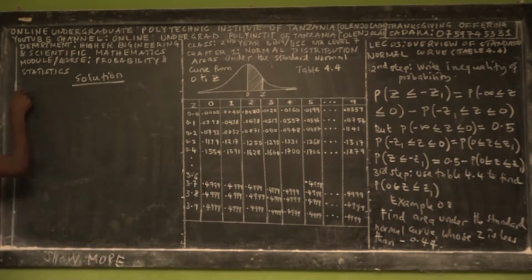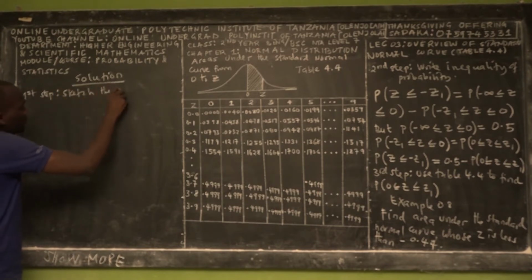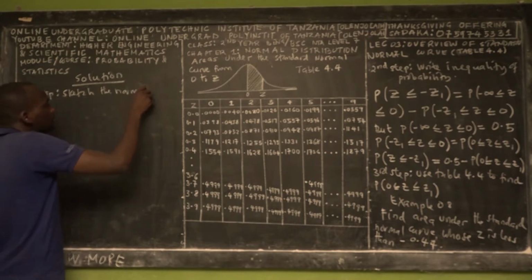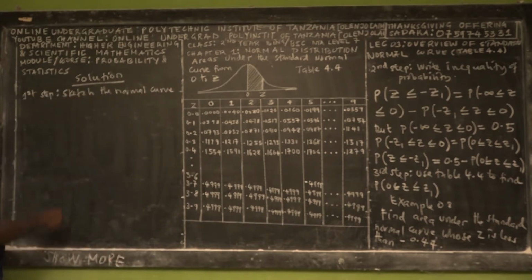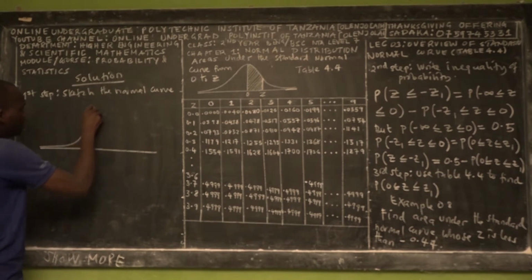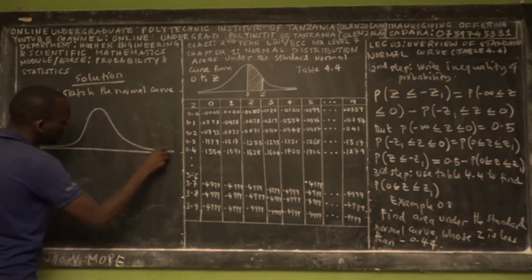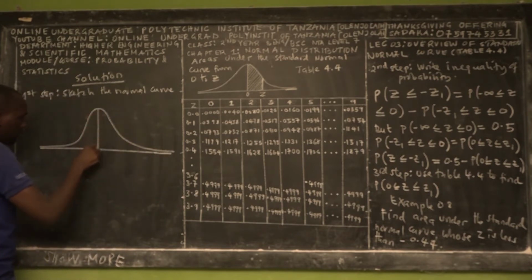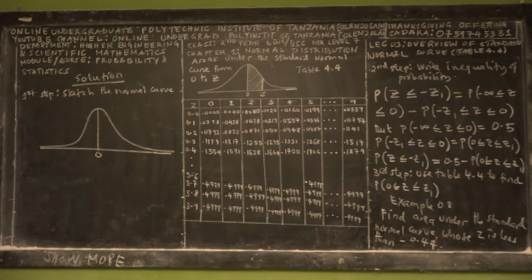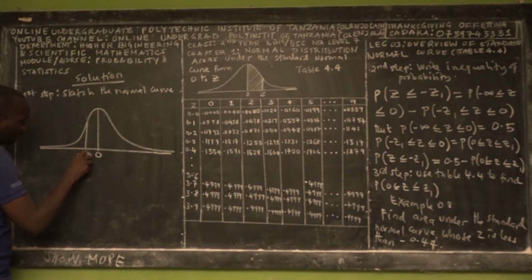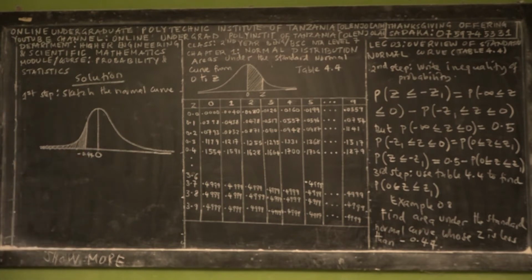The first step, we say sketch. To sketch the normal graph for this problem, we have our bell-shaped curve. This is 0. So this is negative 0.44.